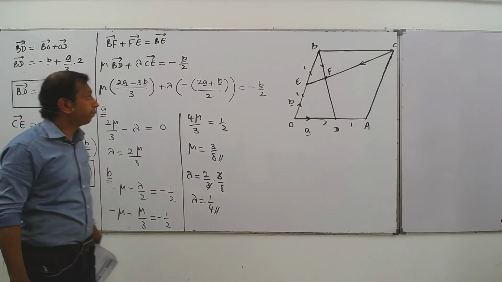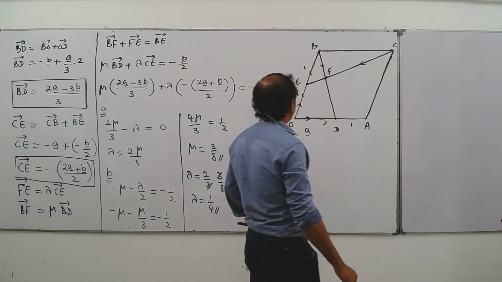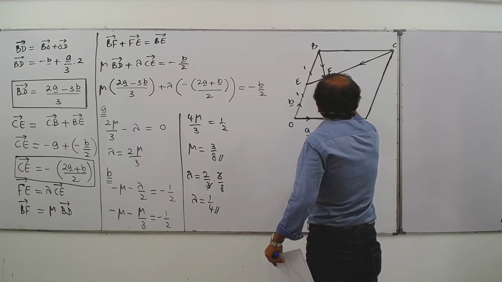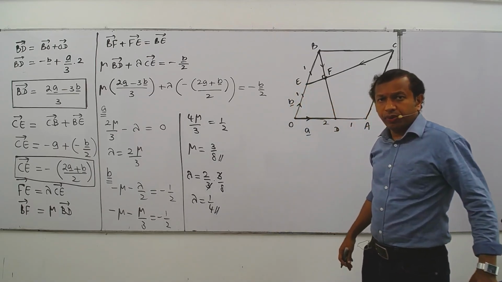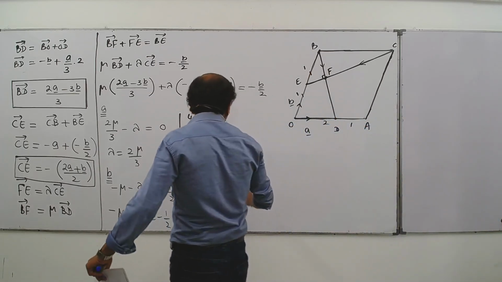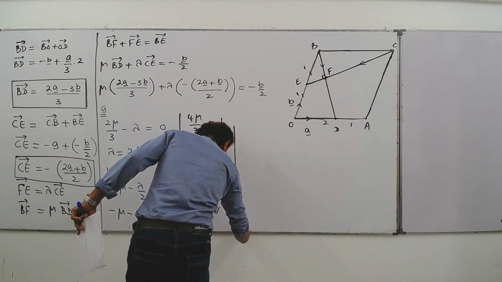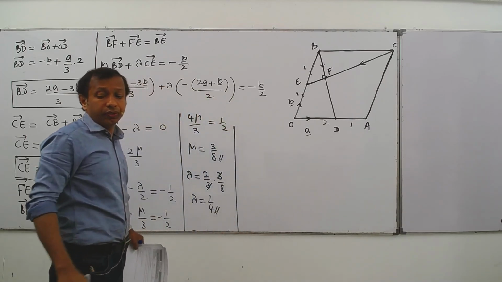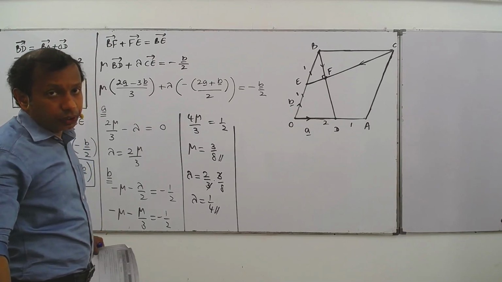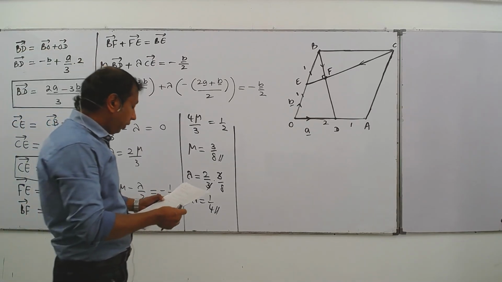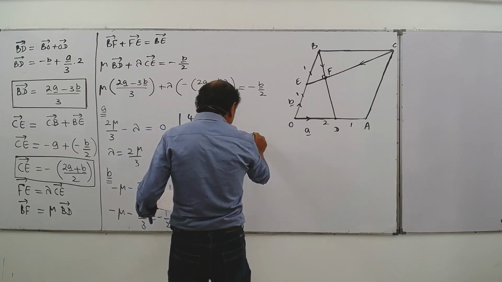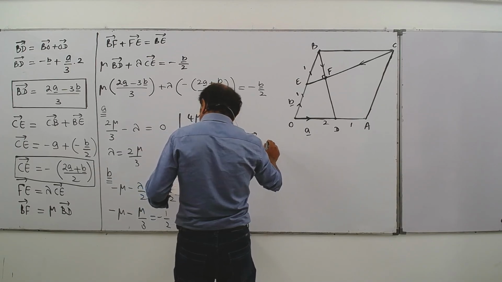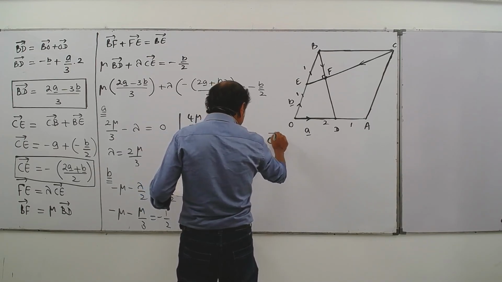BD vector and CE vector, here 90 degrees. You know when two vectors are perpendicular, the dot product of the two vectors is equal to 0. So then we can write BD vector dot CE vector is equal to 0.